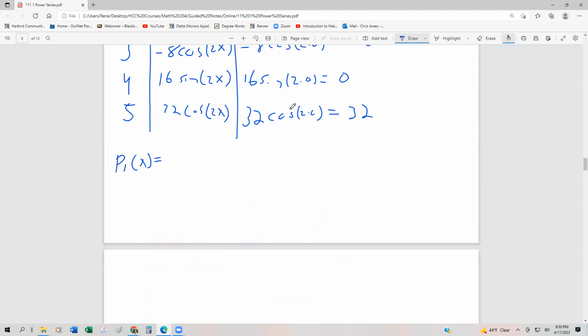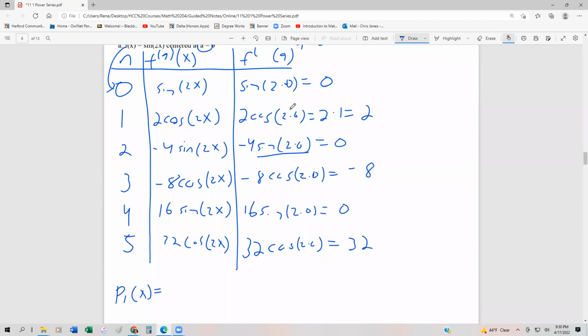That's actually just our linear approximation. So we have f at a is 0 plus f prime of a, which is 2, times x minus 0. In other words, that's just 2x.